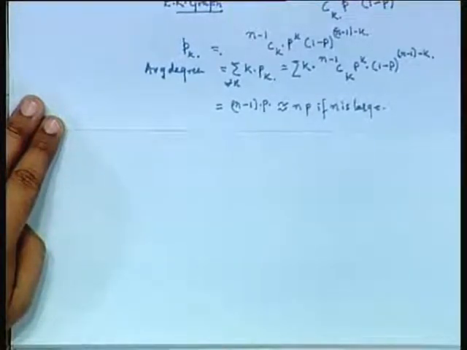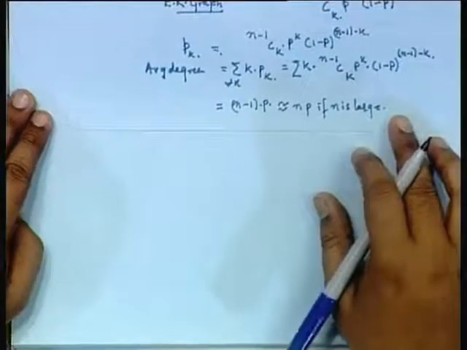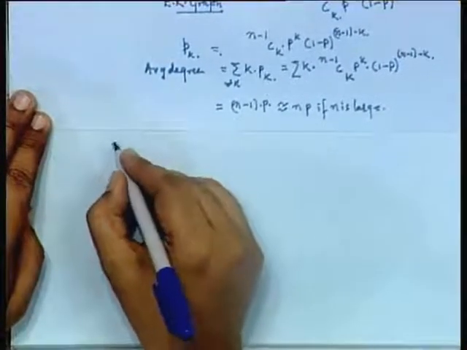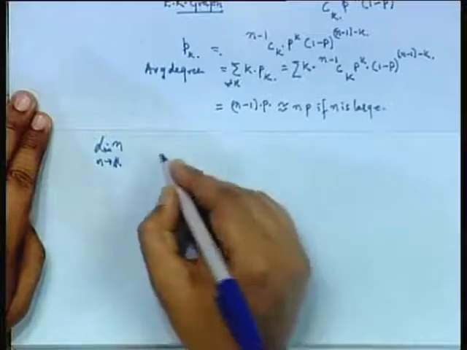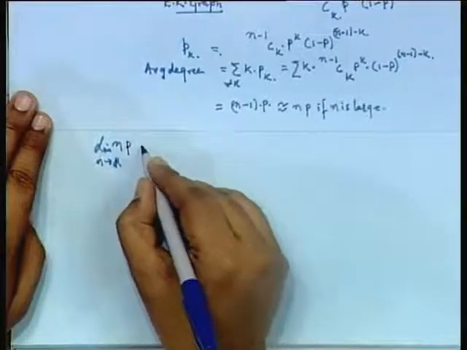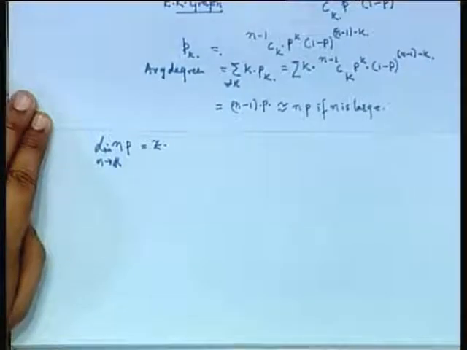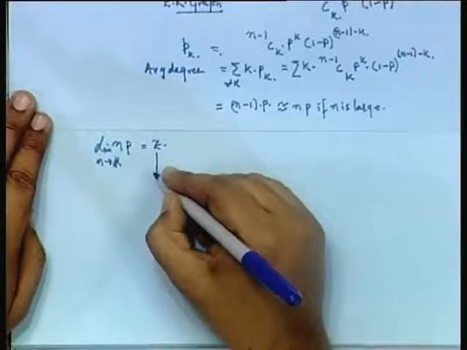So, now we know the average degree is n p. Think of the limit n tends to infinity, a large graph. But z, the average degree, is finite.